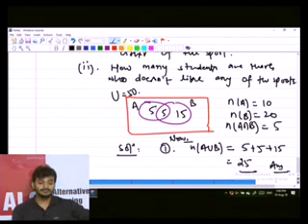Now what total are we getting? 5 plus 5 plus 15. So definitely they are the students who like to play either football or basketball. But how many students don't like to play any of the sports? 25. So we will put this 25 outside these two circles, and the total student count will make 50.